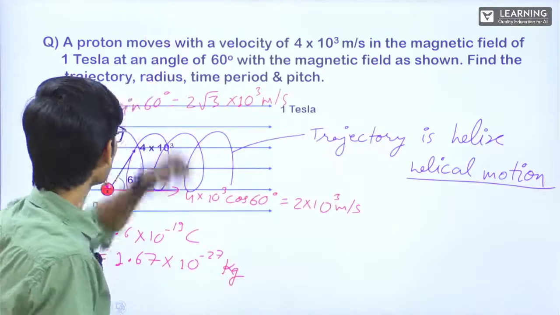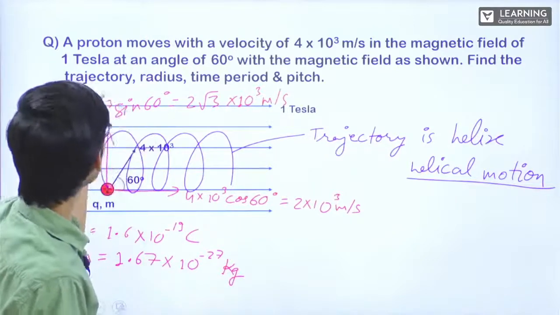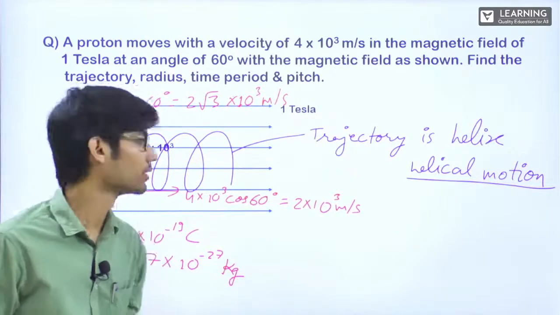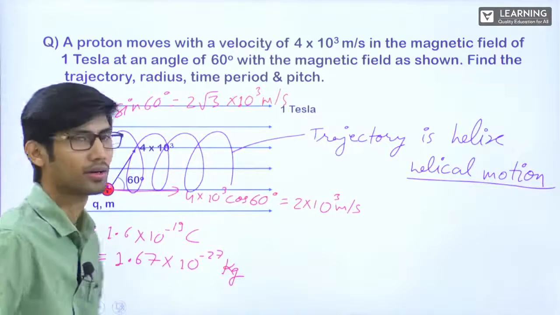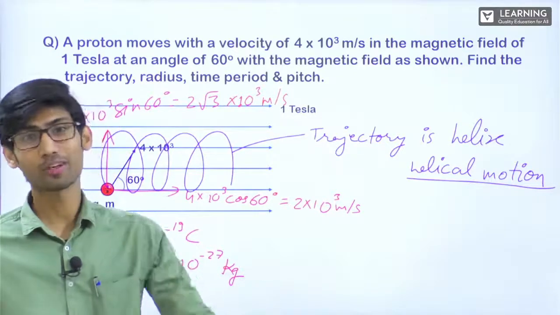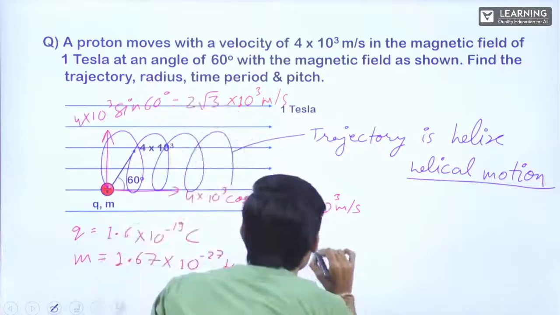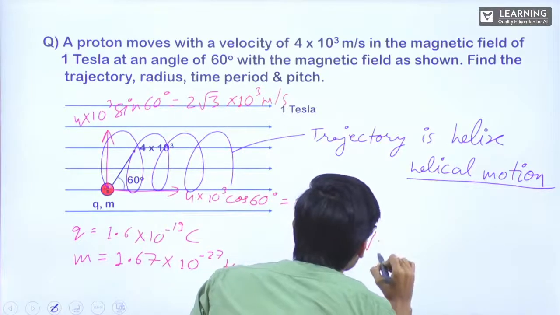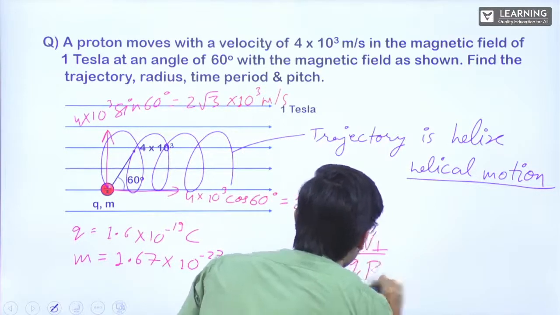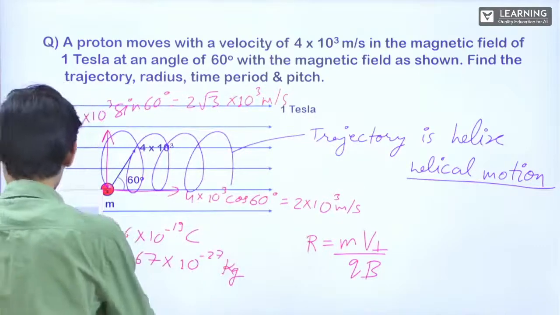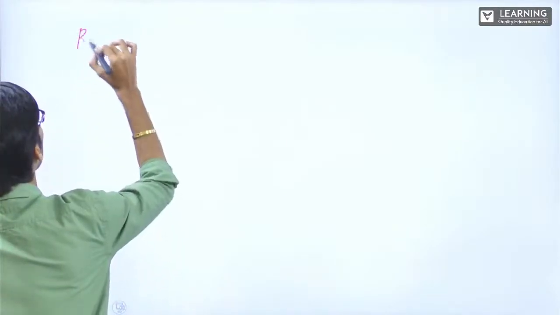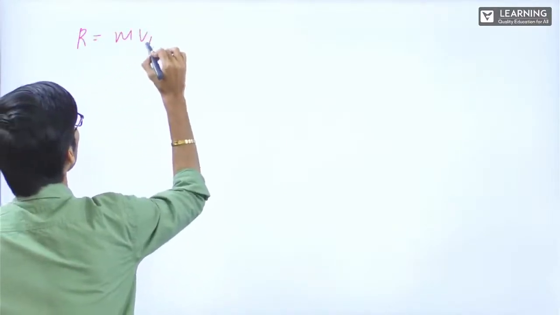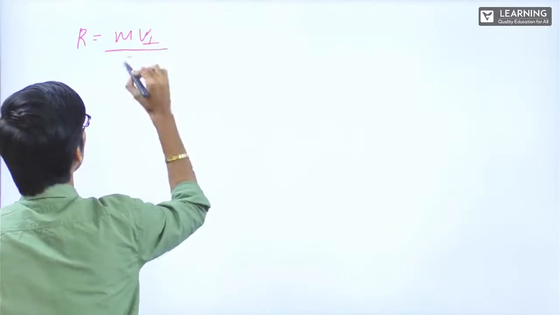Now, next, this we have told, radius we have to tell. What will be the radius? Radius is equal to m v perpendicular upon qB. Let us do it on the next page. R is equal to m v perpendicular upon qB.